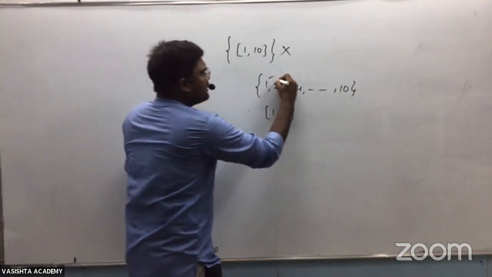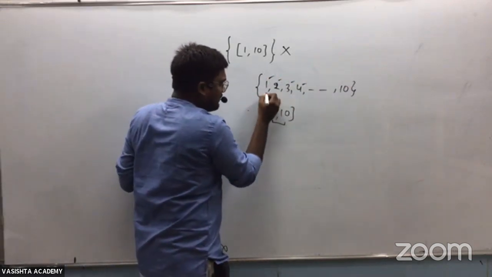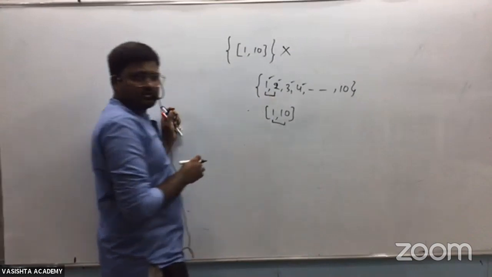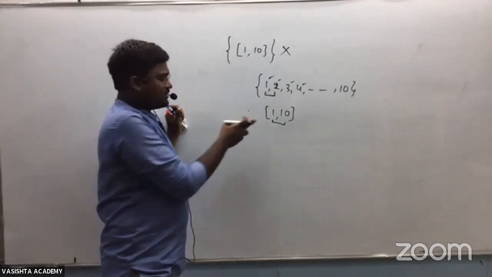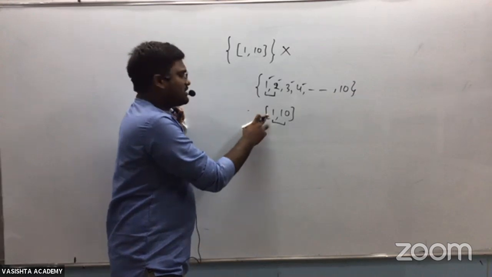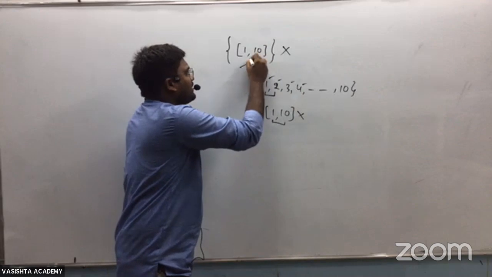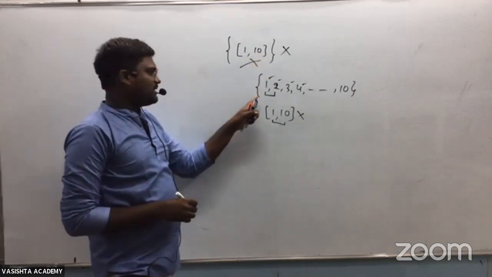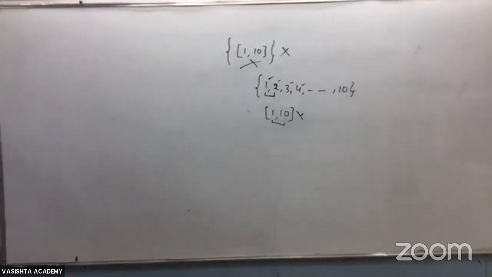But here I am taking only natural numbers 1, 2, 3, 4, 5 up to 10. When I write 1 to 10, I am taking the numbers between 1 and 2 also. So how many numbers will be there? Infinite. So it represents the set of all real numbers between 1 and 10, including 1 as well as 10. So this cannot be written like this. It is simply the set 1, 2, 3, 4 up to 10.